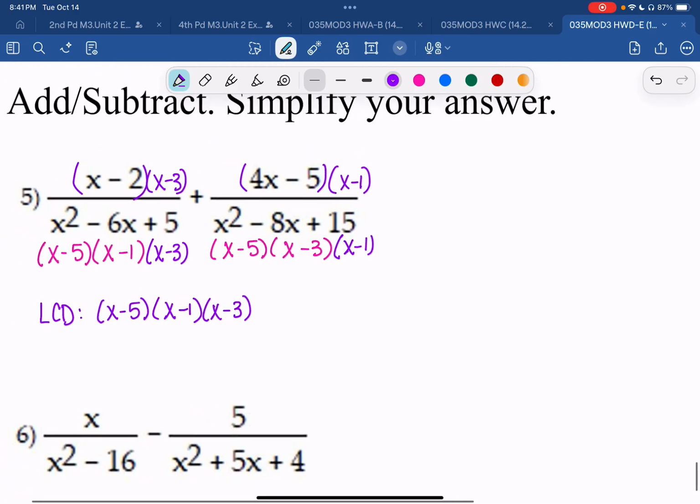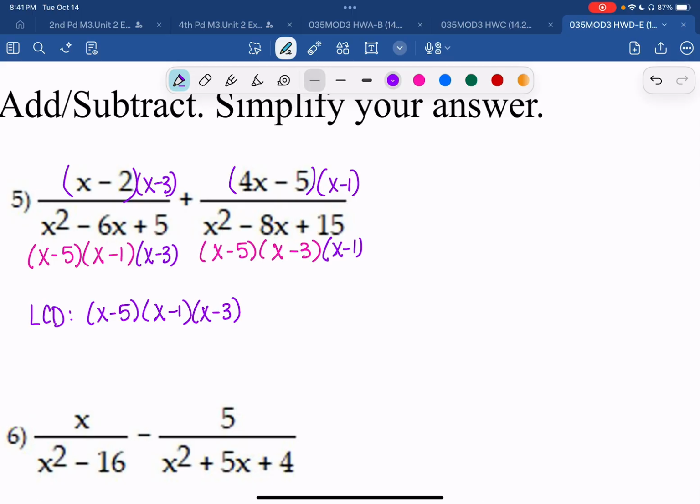All right, so our first step is going to be we need to FOIL these things. Okay, so x squared minus 3x minus 2x plus 6.